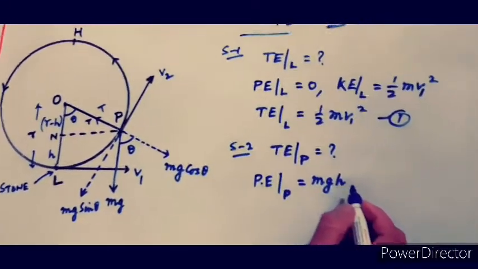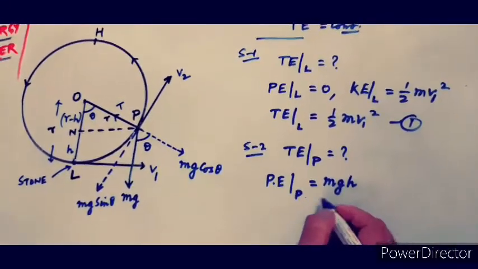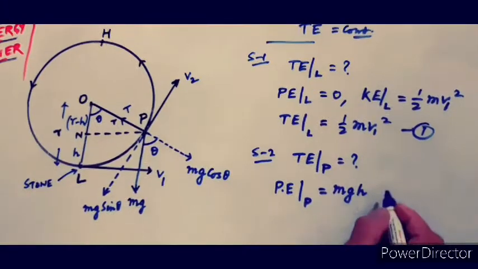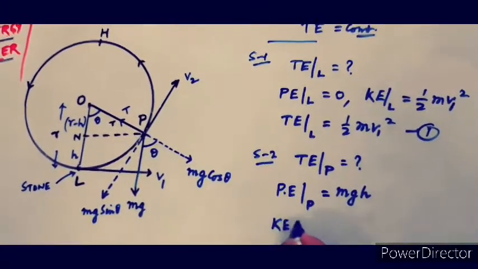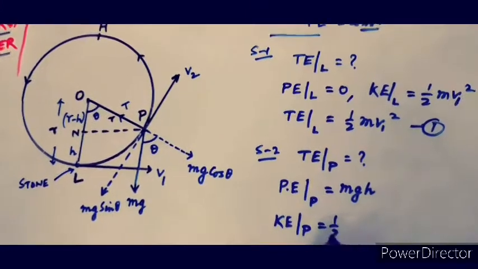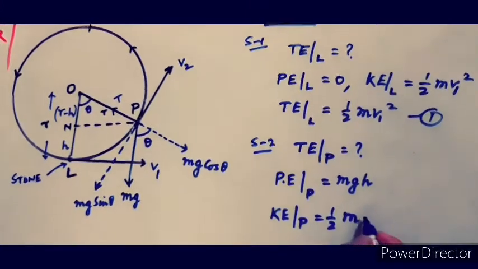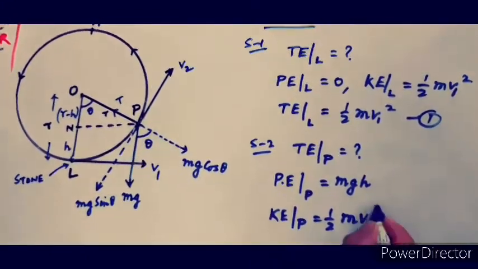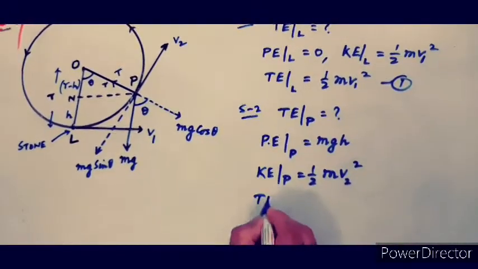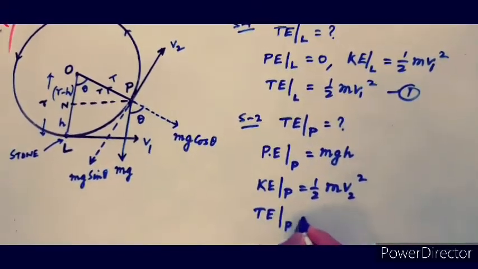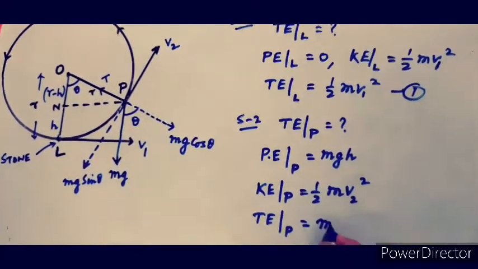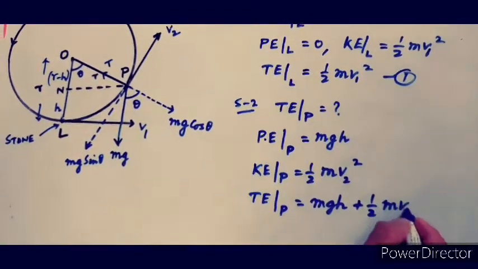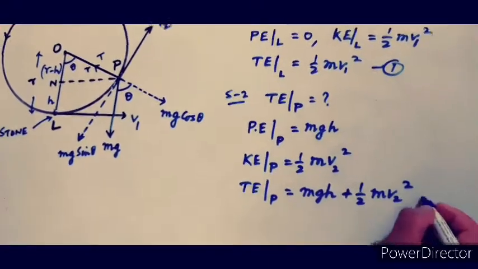The kinetic energy at point P is half m, the mass of the stone remaining the same, into the speed at point P, that is v2 square. So the total energy at point P is m g h plus half m v2 square. This much.